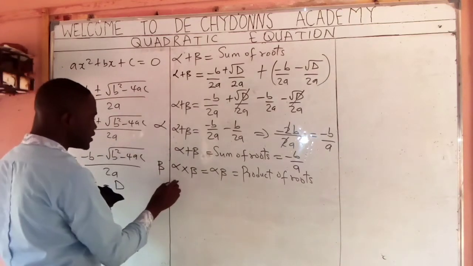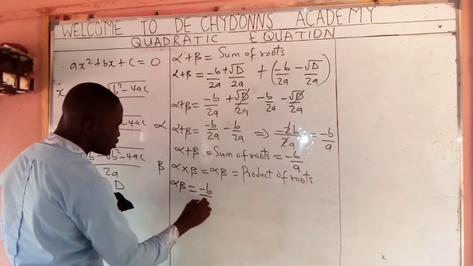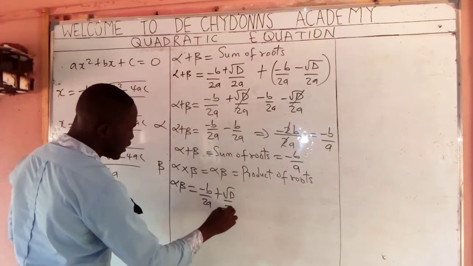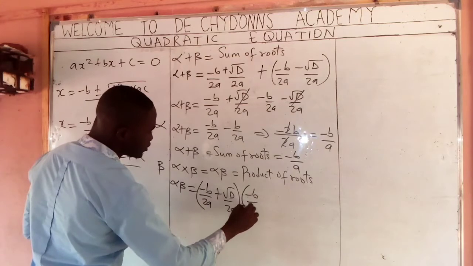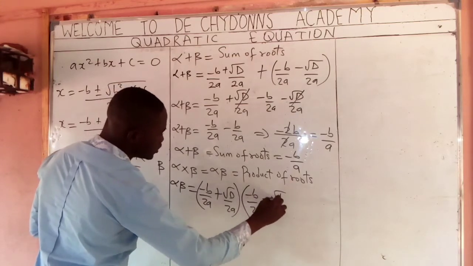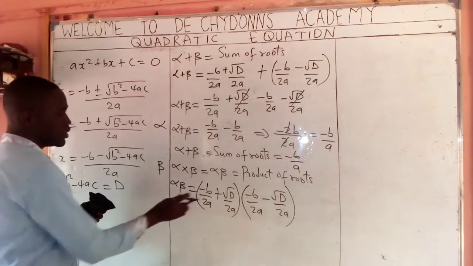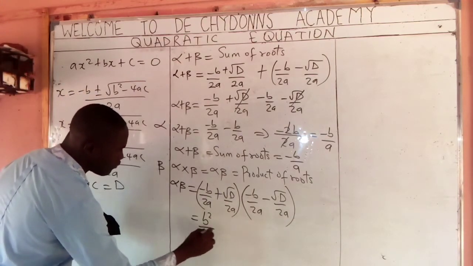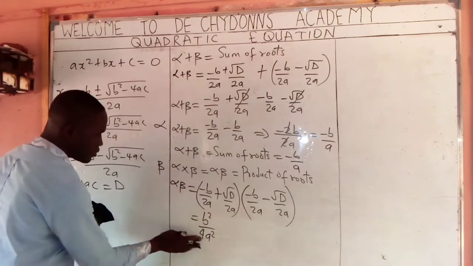Now the implication is that alpha beta is equal to minus b over 2a plus root D over 2a, times minus b over 2a minus root D over 2a. Okay, this times this will be giving me b squared over 4a squared.